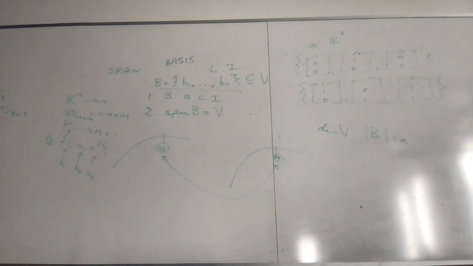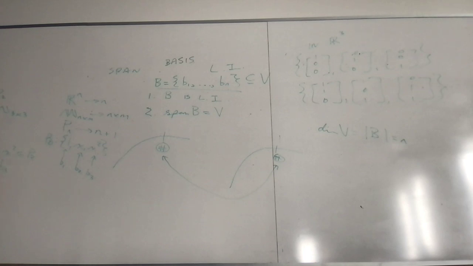And let's say that I have a polynomial 2 plus 3x minus x squared. That is obviously in P2. It's a quadratic. But we can write it in terms of multiples of B1, B2, and B3. So we could write this as 2B1 plus 3B2 minus B3, right?